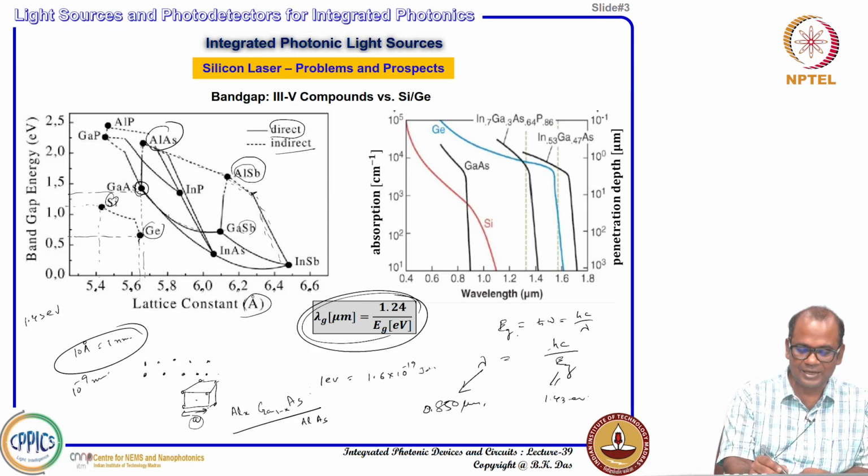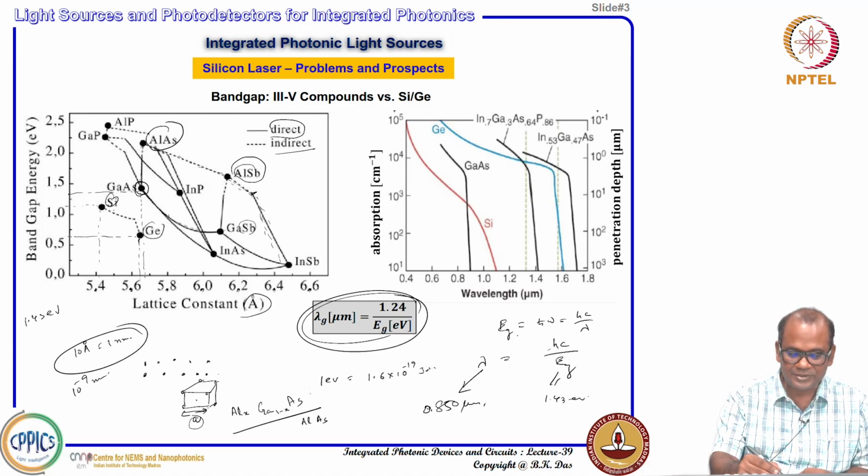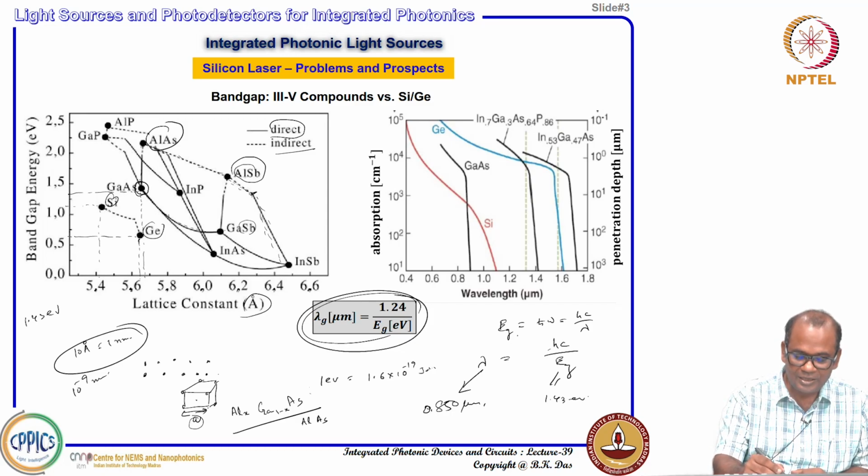Here, silicon and germanium are indirect band gap semiconductors, and if you want to make a silicon germanium alloy, there is no way to get a direct band gap, as you can see, slowly you are becoming silicon. For example, you can consider silicon 1 minus X, germanium X, where X amount of silicon is replaced by germanium.